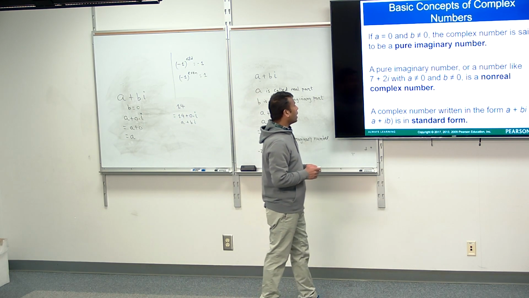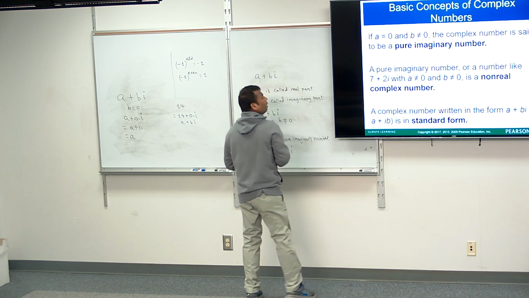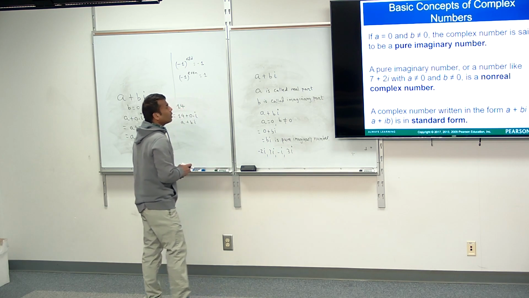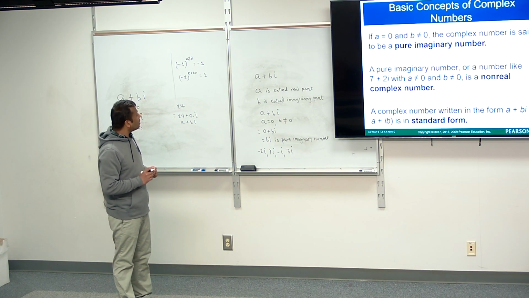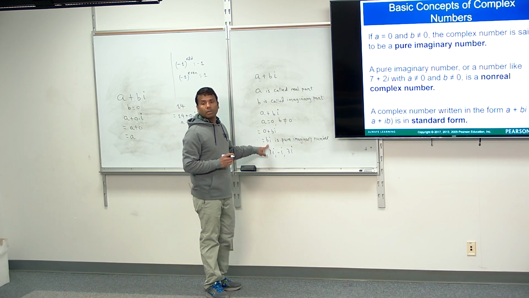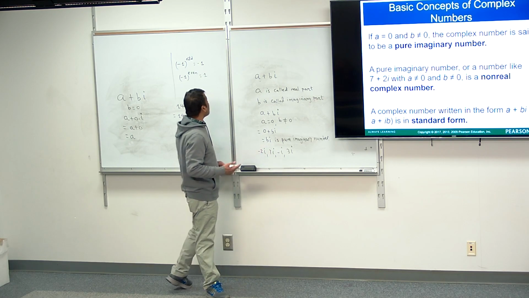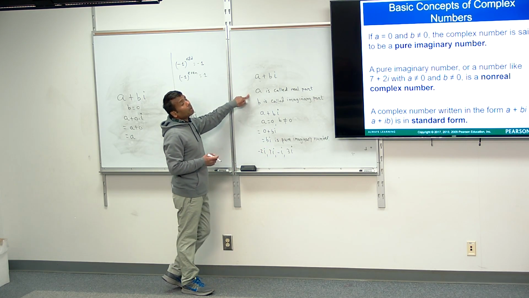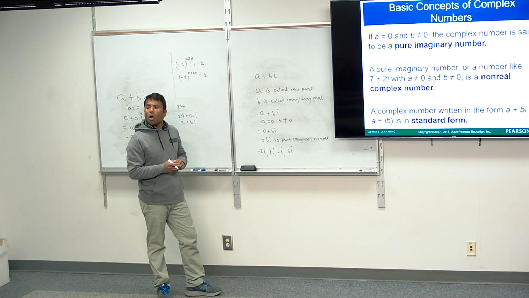Okay. So now if you have a complex number either like this, a pure imaginary number, or a number where A and B are both not equal to 0, they are called non-real complex numbers.